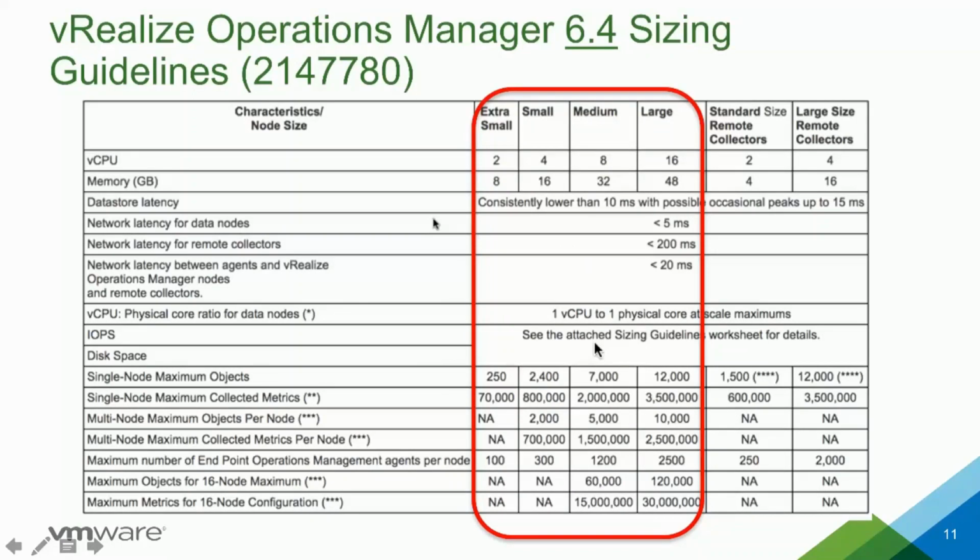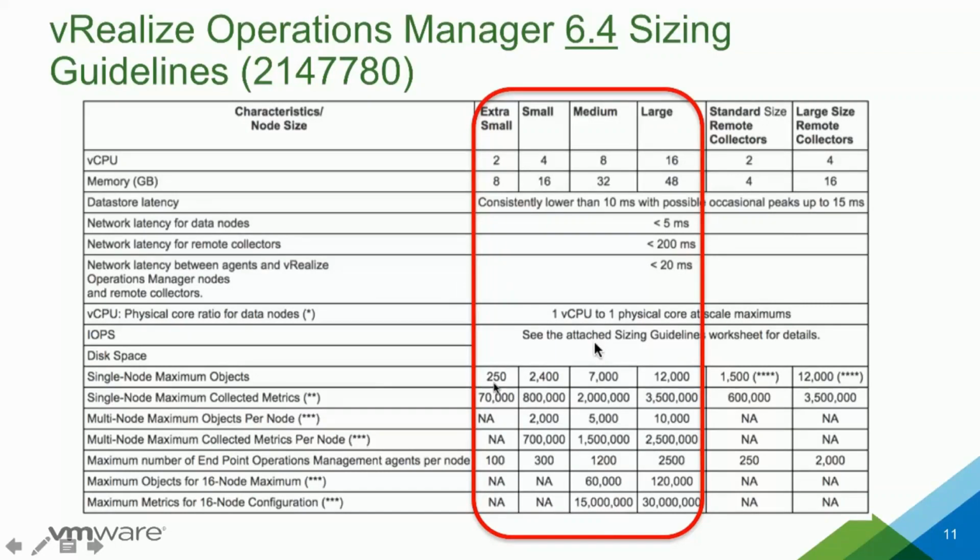So in an extra small node, you can see that you'll have a maximum number of objects of 250. Not really great for any sort of production environment, but for testing or for proof of concepts, things like that, if you've sized it properly, the extra small may be enough.